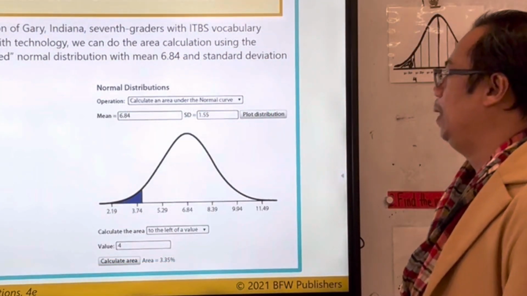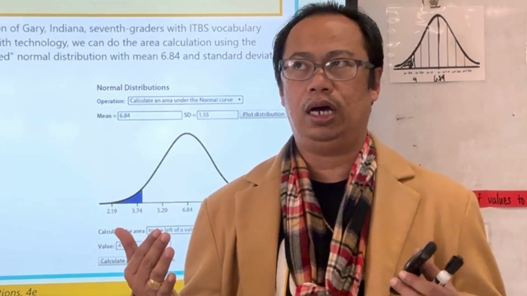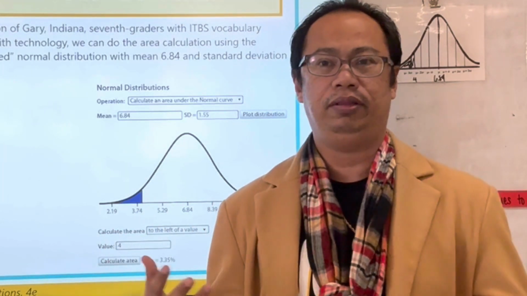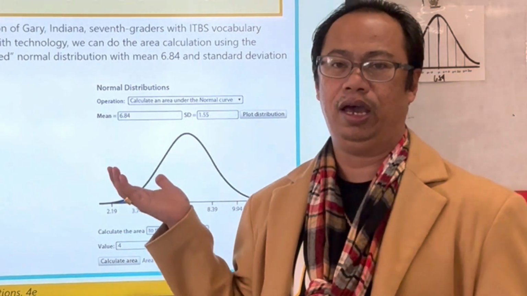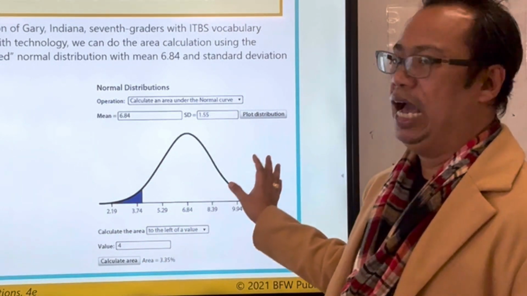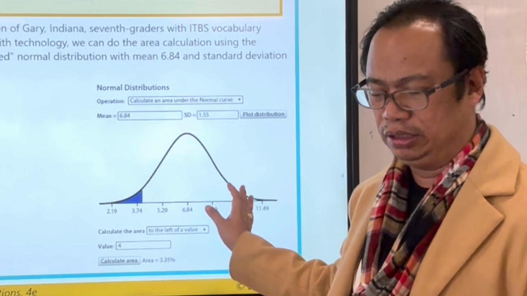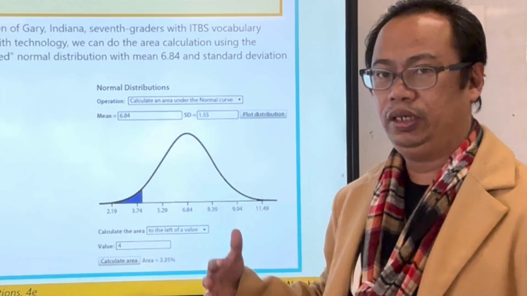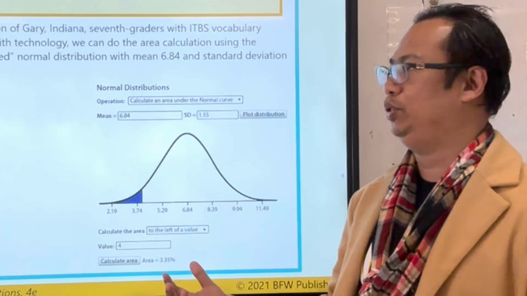The next step, because we want to prove that they are the same, we're going to calculate it on the unstandardized score and the unstandardized normal distribution. Earlier, we did the standardized normal distribution.